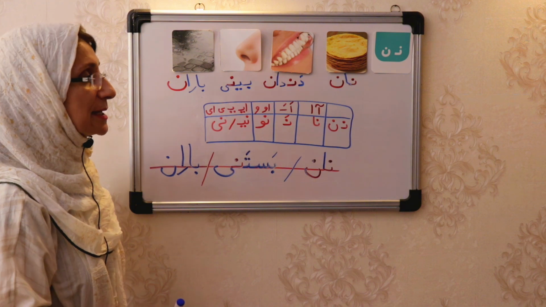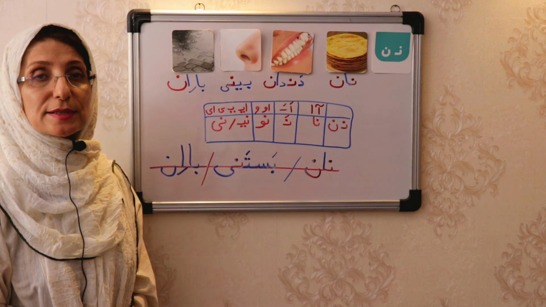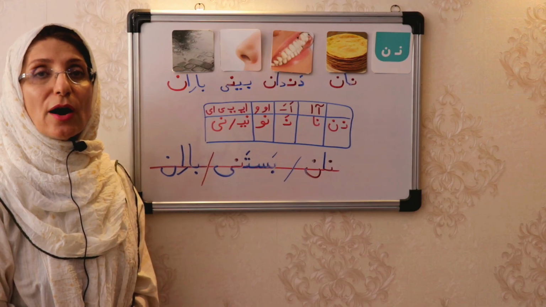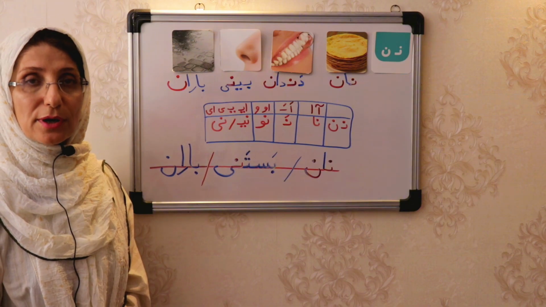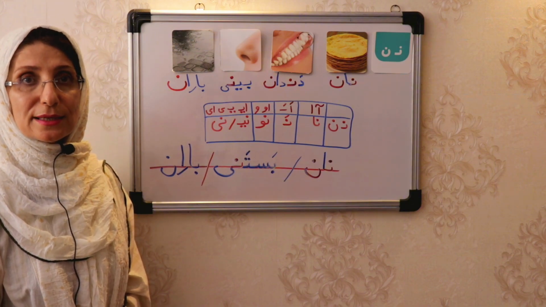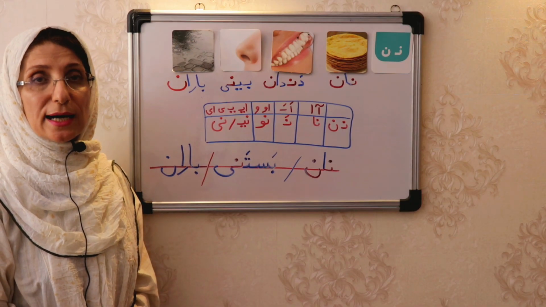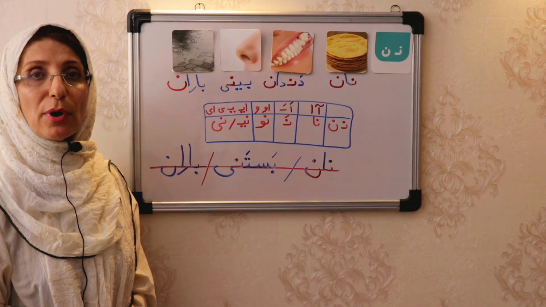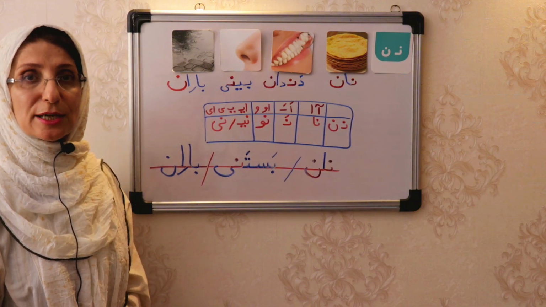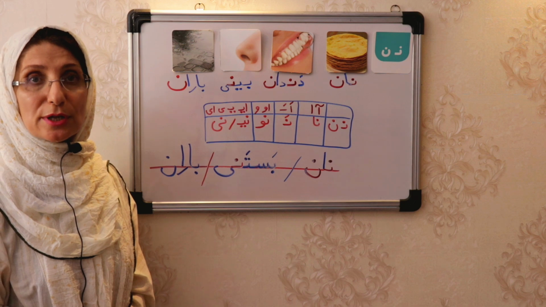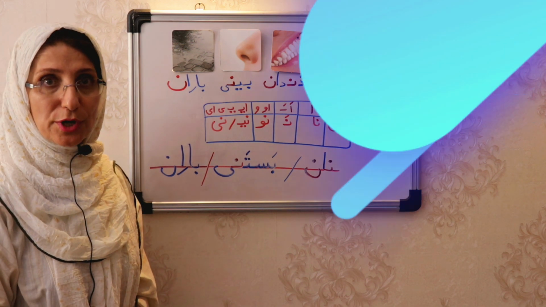So you can say very beautiful sentences with, for instance, باران آمد. It rained. باران آمد. Also a very beautiful sentence: مادر در باران آمد. Mother came in the rain. مادر در باران آمد. Now let's go to the homework.